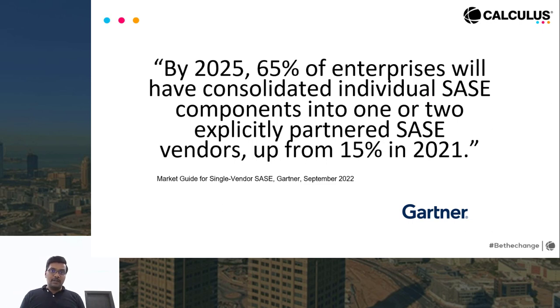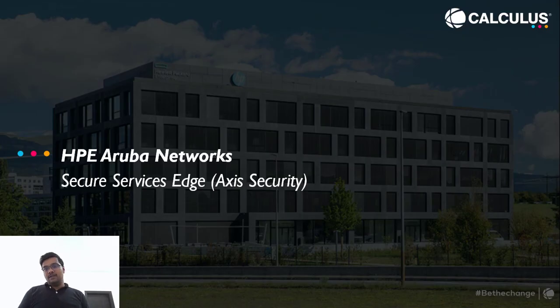Just a report from Gartner, right? As per the prediction of Gartner, by 2025 there will be 65% of enterprises with a consolidated SASE solution implemented. Now let's have a look into the specifics of HPE Aruba SSE, formerly called Access Security.